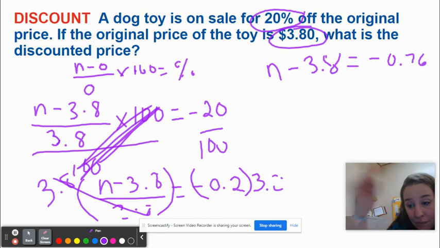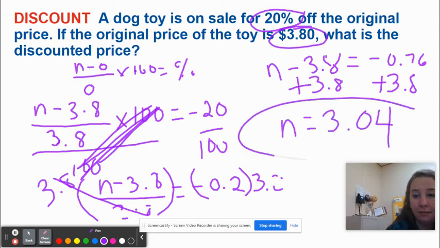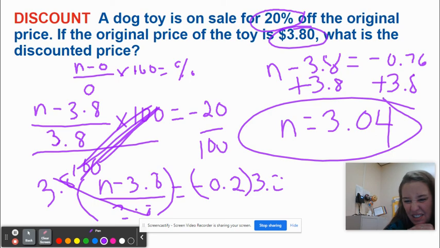If you remember from a minute ago, that was the discount, the 76 cents. Add 3.8 to both sides and you get the same answer. So if you want to be crazy and complex, you can use this formula, but I suggest percent over 100 equals is over of.